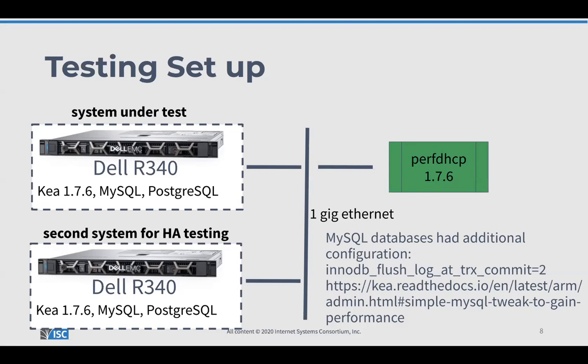For MySQL, we made a slight change, which is changing the InnoDB flush log at commit value from 1 to 2, to make MySQL save data to the disk in sets, not one by one. Besides that, everything is default.